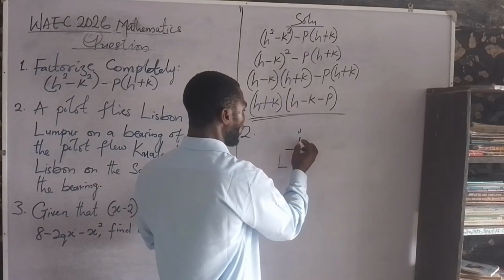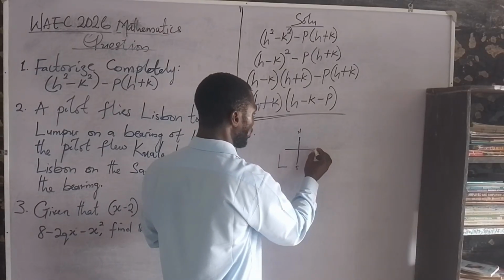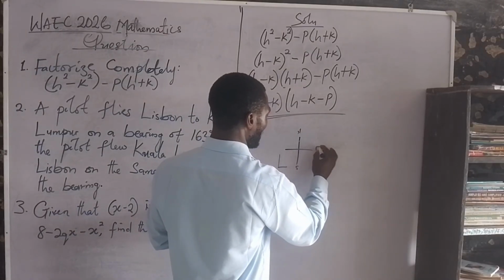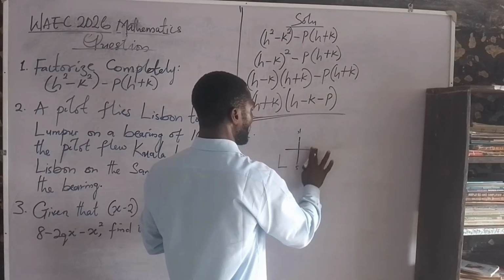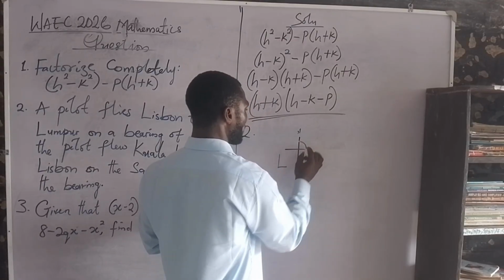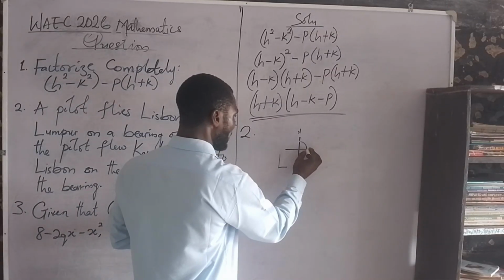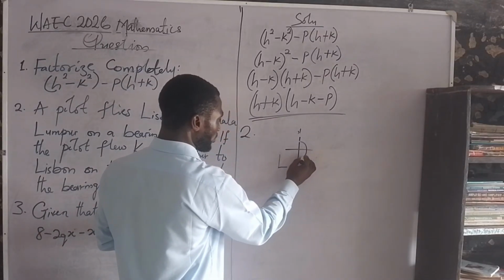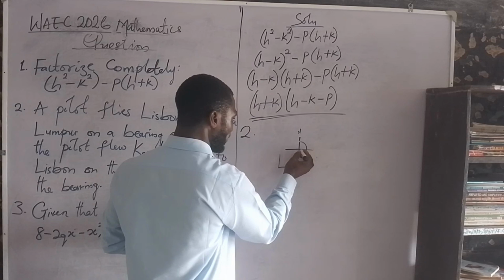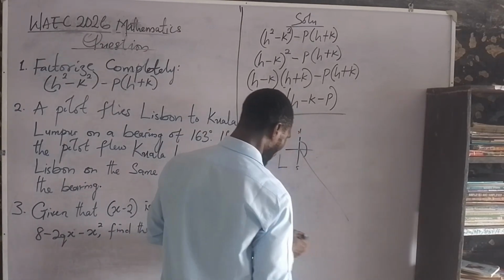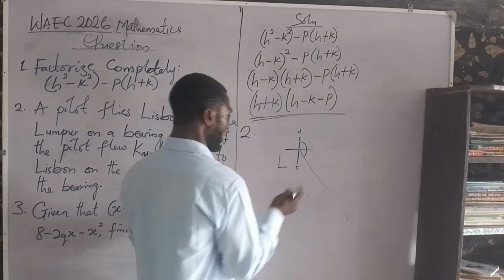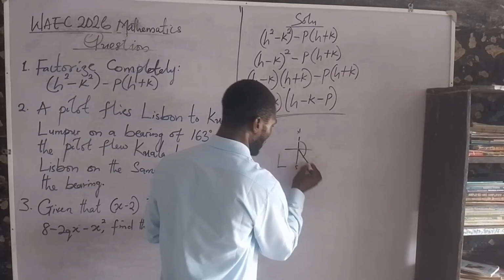Now we already know that from north to east, which is here, is 90 degrees, but the bearing is 163 degrees. That means we will still have to move this way. Now this becomes our bearing of 163 degrees.